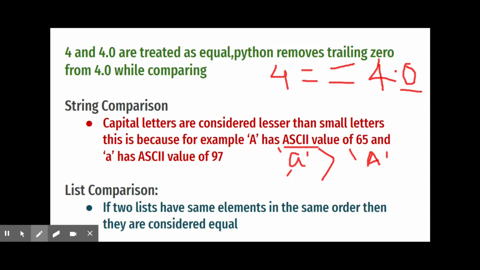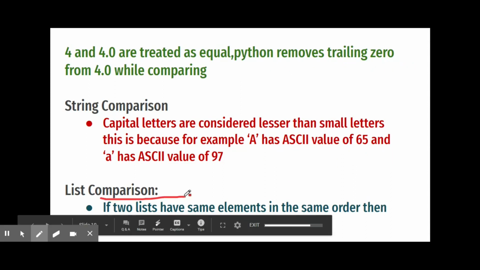So when you are giving a character, it is converted to ASCII and this ASCII is converted to binary. Capital A has an ASCII value of 65 and small a has an ASCII value of 97. The small letter will always be greater than the capital letter. In the same way, capital B is 66 and small b is 98. So it will be greater.